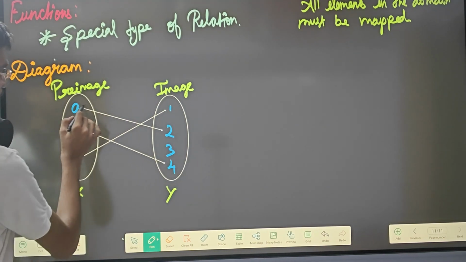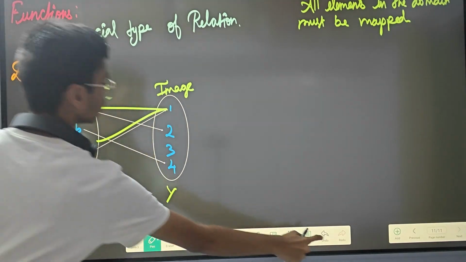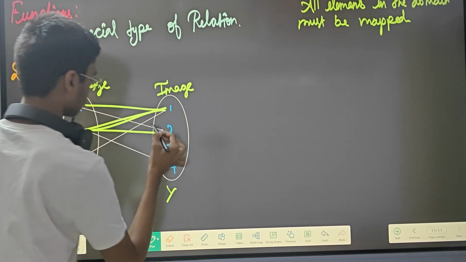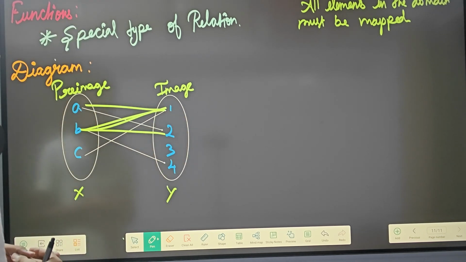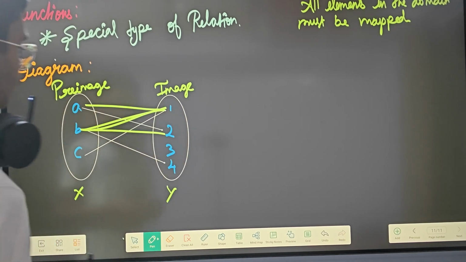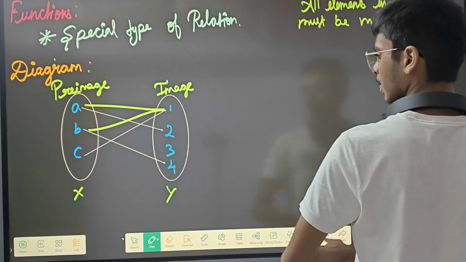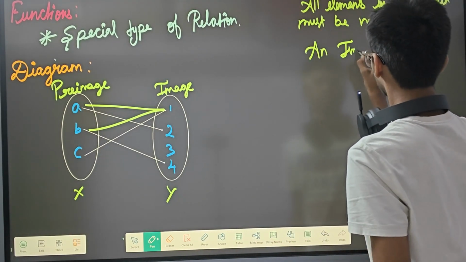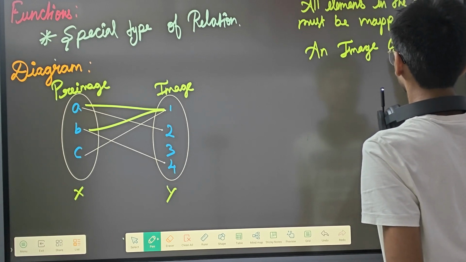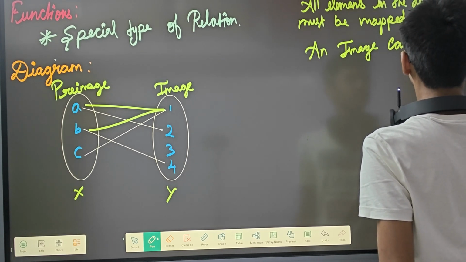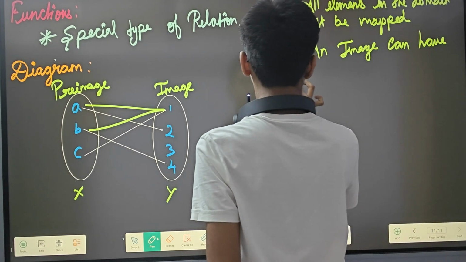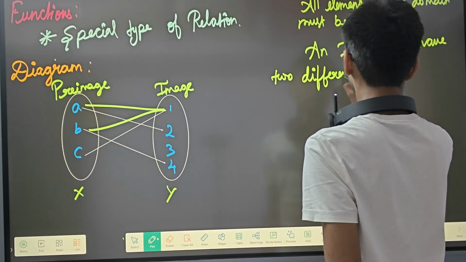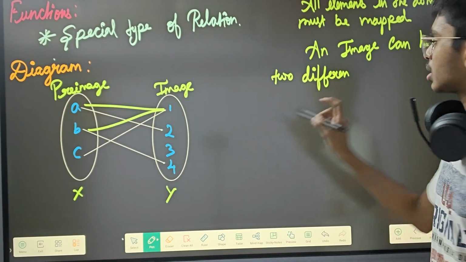Like this it can be. But like this it cannot be. So an image can have two different pre-images.